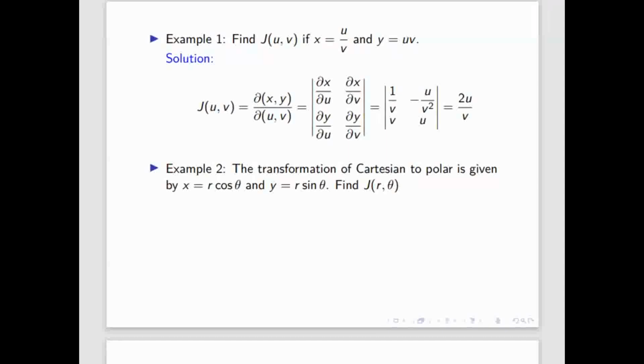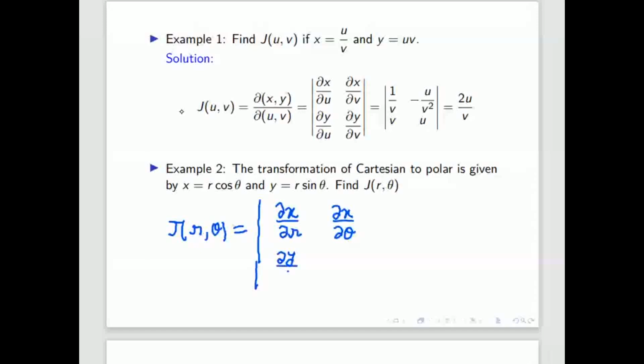Now find the Jacobian of this transformation. If you are converting anything from Cartesian to polar, then what will be the Jacobian? So calculate it and tell me. That means you have to differentiate x with respect to r and then x with respect to theta.